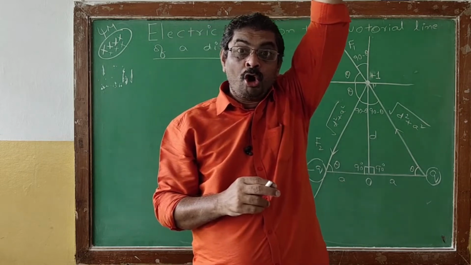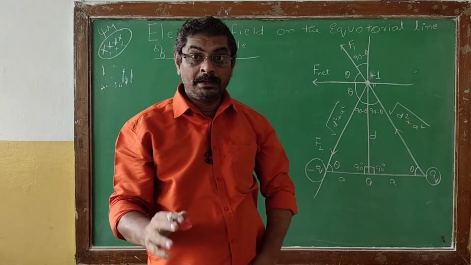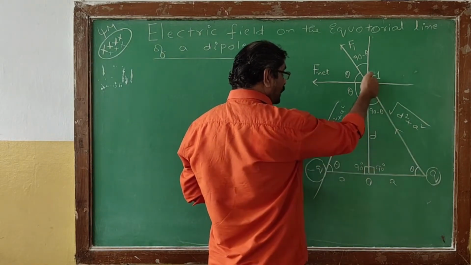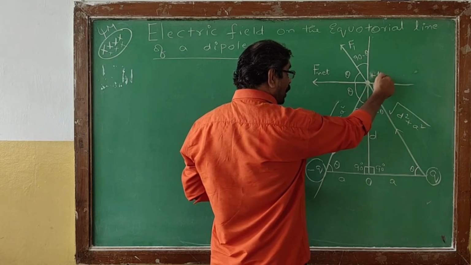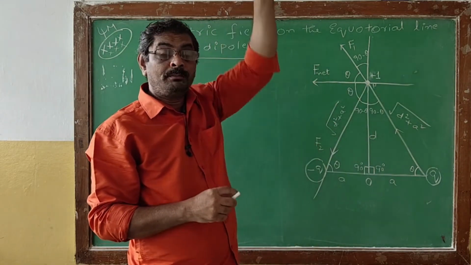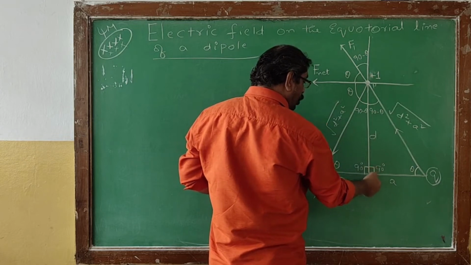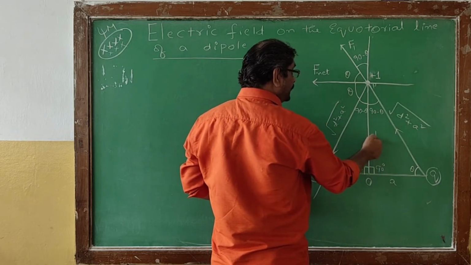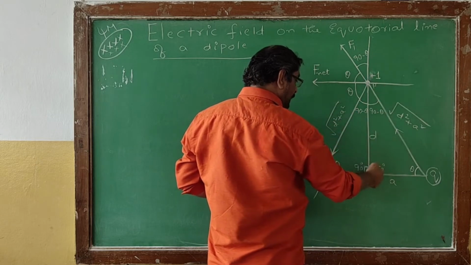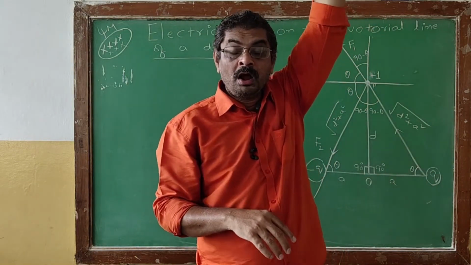Remember, in order to obtain the electric field on the equatorial line, I take a point P on the equatorial line and keep a unit positive charge there. And remember, the distance of the point P from the center of the electric dipole is small d.